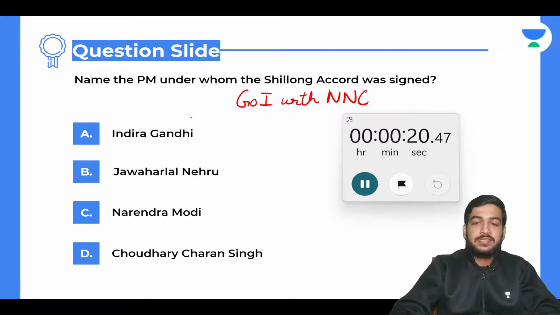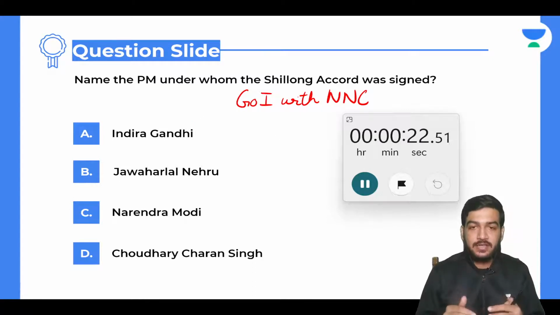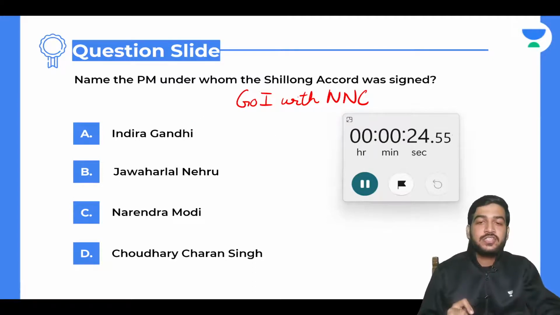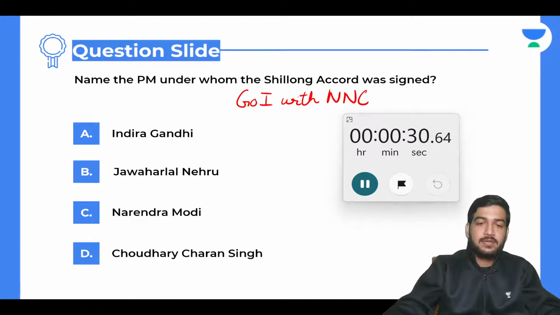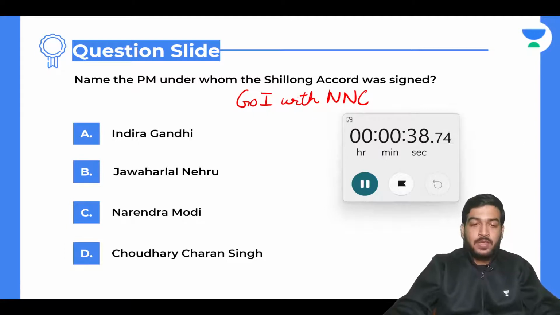NNC is the organization that started the tussle or the insurgency in Nagaland. So the Government of India signed this with the NNC. Who was the prime minister then? Was it A Indira Gandhi, B Jawaharlal Nehru, C Narendra Modi, or D Chaudhary Charan Singh?